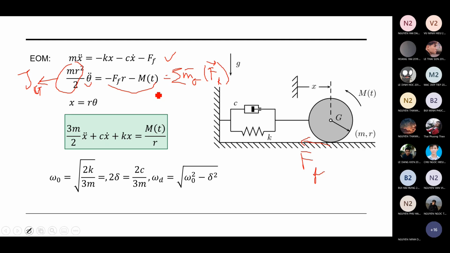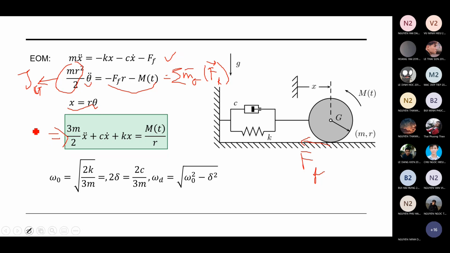And we will have the relation between the translational displacement and the rotation angle like this. Then after that you are going to have the equation of motion for this system, right?